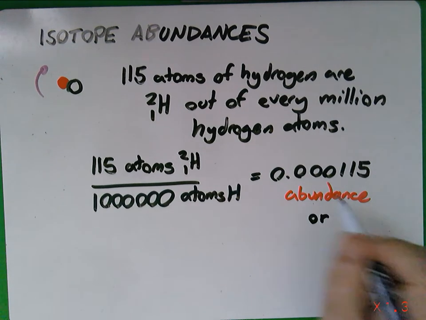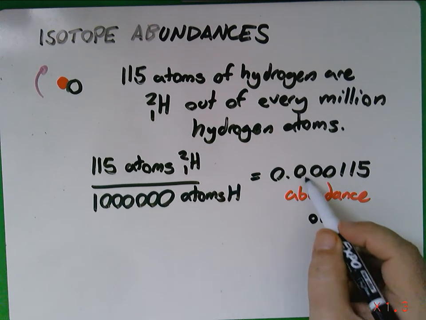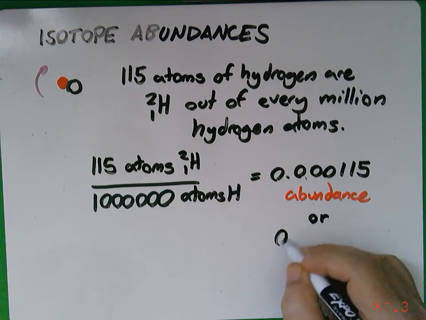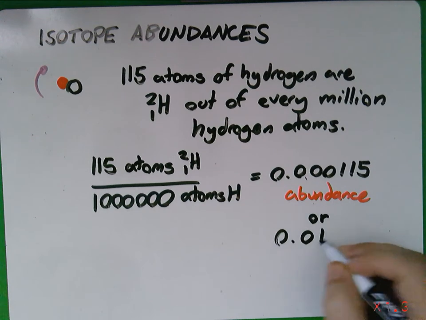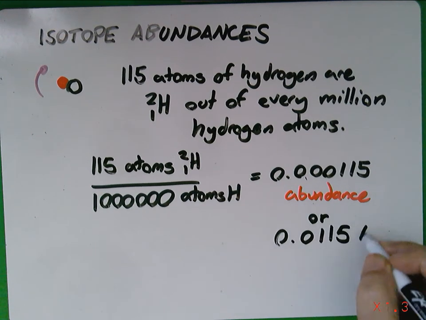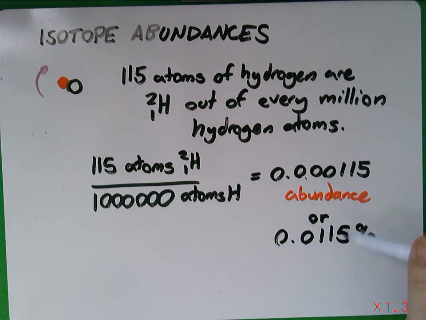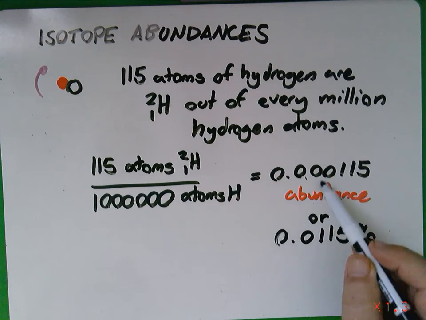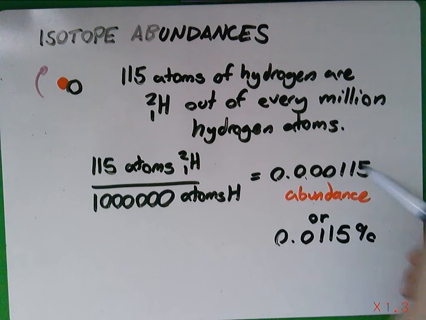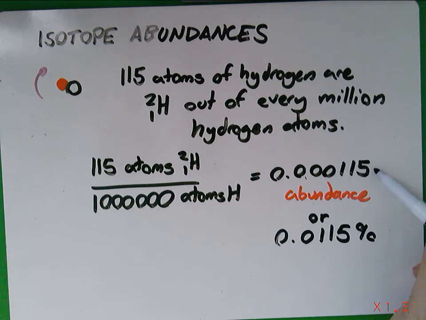If I bump the decimal place over 2 places, it's just like I multiplied this times 100 to get this. So I could write the abundance either as a decimal fraction or as a percentage.